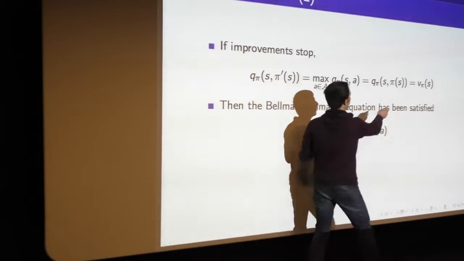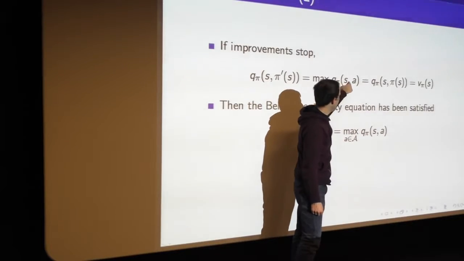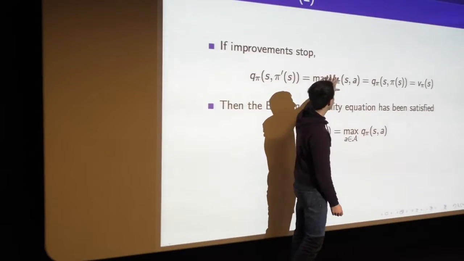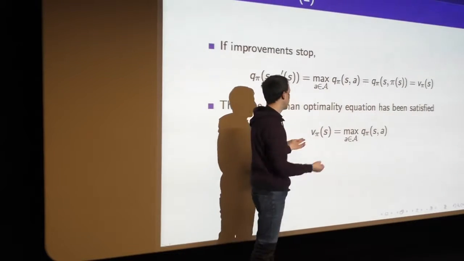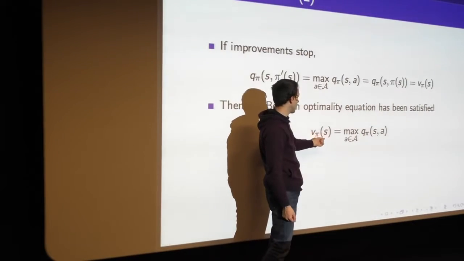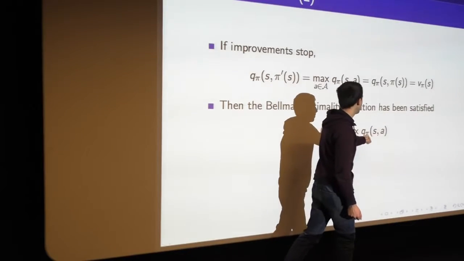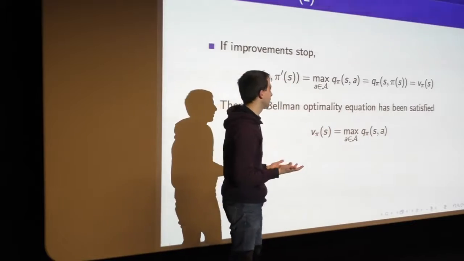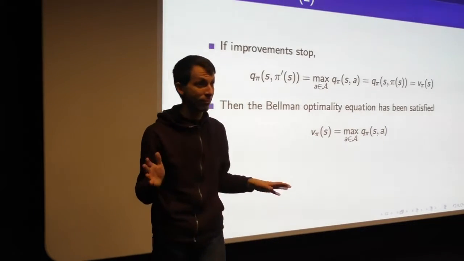So we've got v pi here, and we've got the max q pi here. We've basically said this is equal to this, and that's one form of the Bellman optimality equation: the value of state S is equal to the maximum over the q values. That's the one-step look-ahead form of the Bellman equation that we saw in the last lecture.